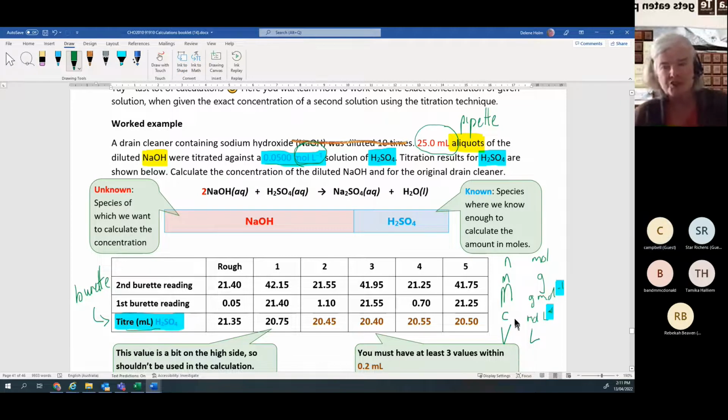But molar mass and concentration have ideas above their station, double barreled, not repeated, and that's grams per mole and mole per liter. So it's got two things to it. All the others are like mole, gram, liter. So if you see mole per liter, then you know that that value is the concentration related to sulfuric acid, because it's linked to sulfuric acid.